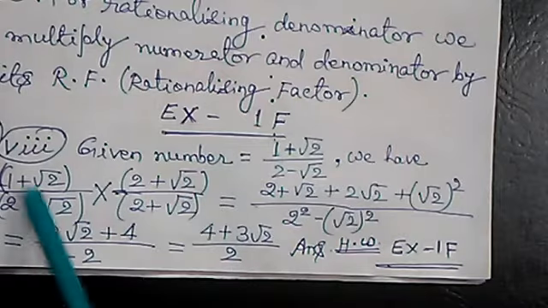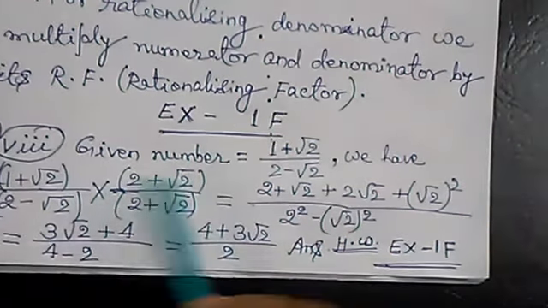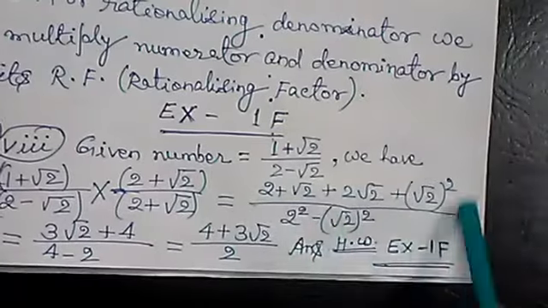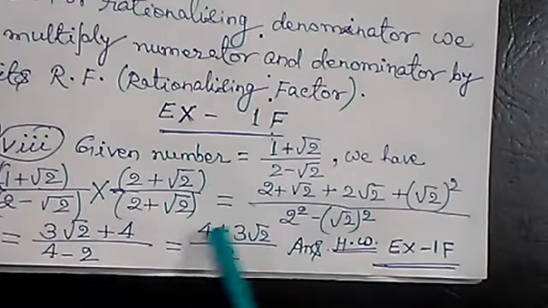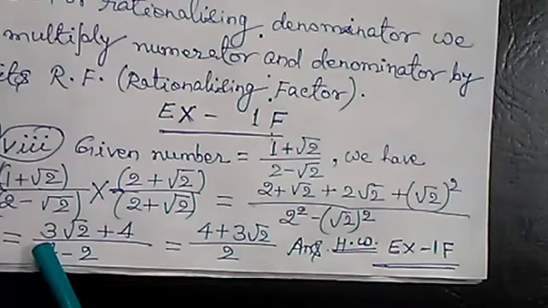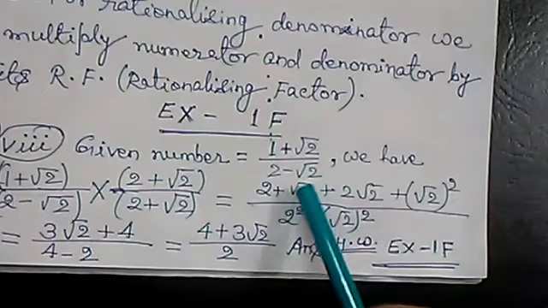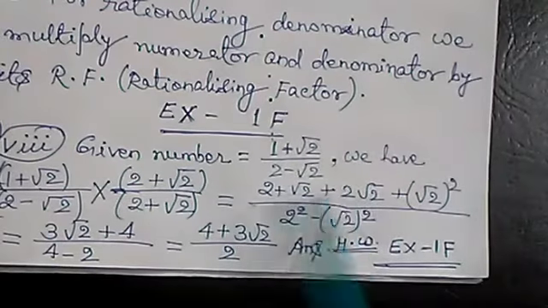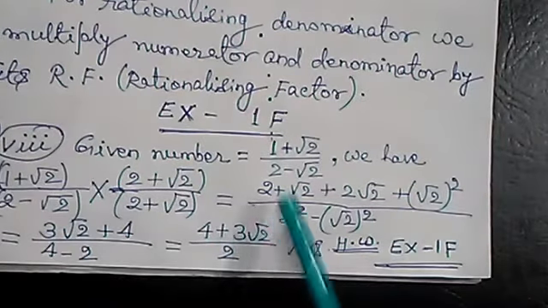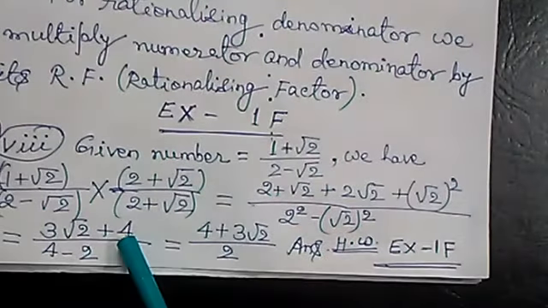Just multiply these two factors as in ordinary multiplication. After multiplication, applying BODMAS, you will get 3 root 2, because root 2 is 1 root 2 and 2 root 2 is 2 root 2, and 2 root 2 plus 1 root 2 is 3 root 2. I have written here 3 root 2, and here it is 2, and root 2 square is again 2. 2 plus 2 is 4.